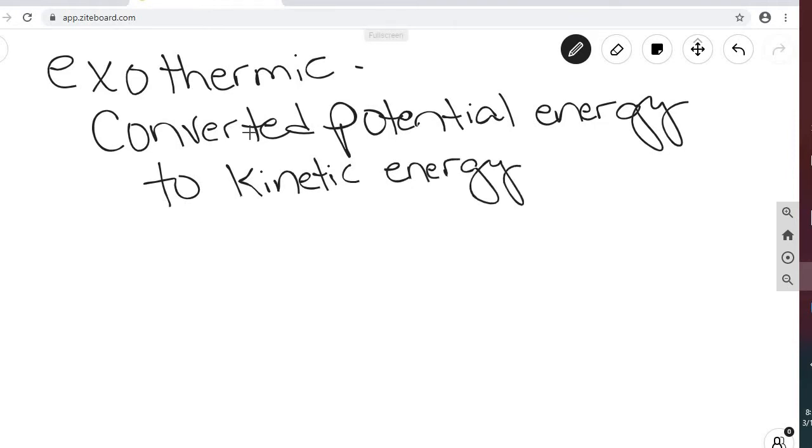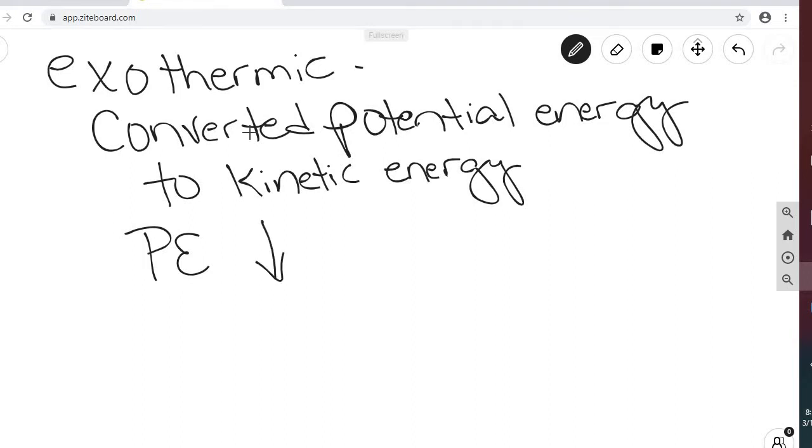If you're converting potential energy to kinetic energy, then potential energy, which we'll abbreviate PE, is going to decrease.